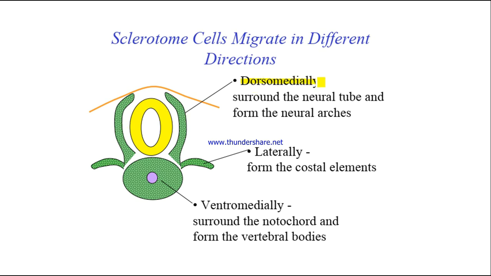Then laterally we're going to get this formation, which is going to form the costal elements, and this will start to make a bit more sense as we progress through the PowerPoint. And then ventromedially we're going to get this surrounding the notochord, which is going to form the vertebral bodies, which we started to discuss in our previous lecture.